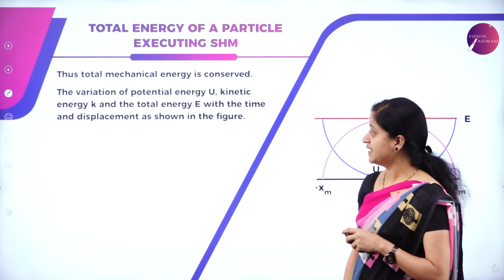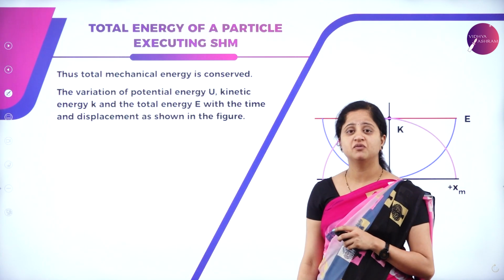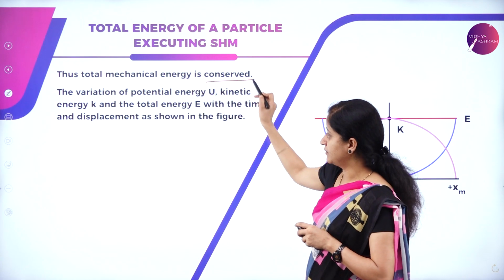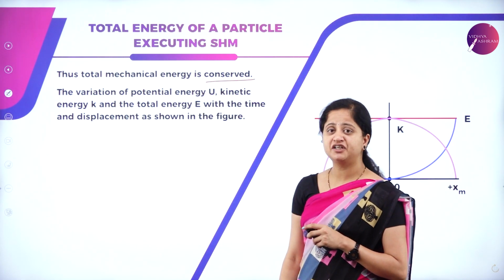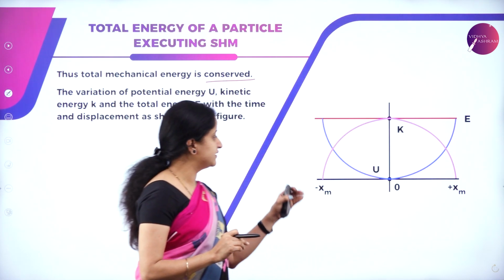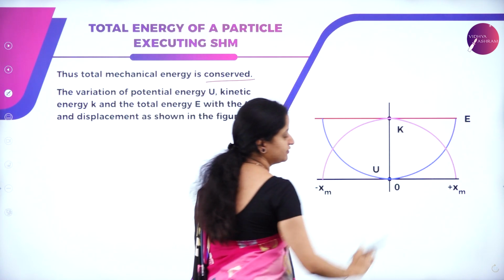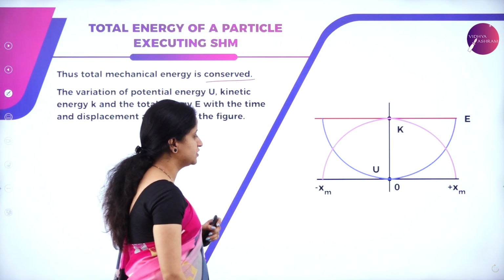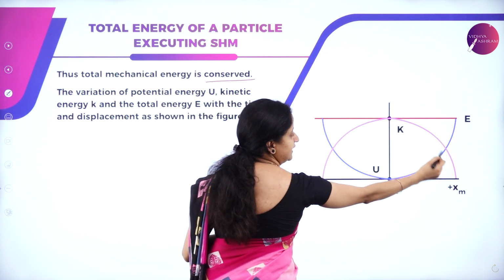So from this we can say that the total mechanical energy of a particle undergoing simple harmonic motion is conserved, which means the variation of potential energy, kinetic energy and total energy with time and displacement can be analyzed with this picture. You can observe here, this is the total energy of the particle executing simple harmonic motion, and this blue curve is the potential energy curve and this is the kinetic energy curve.